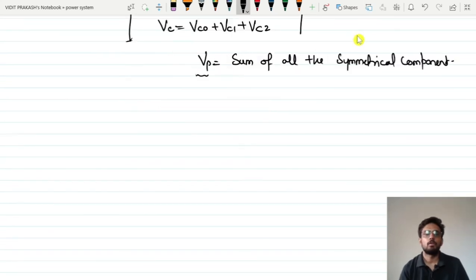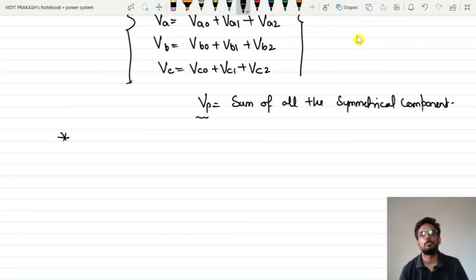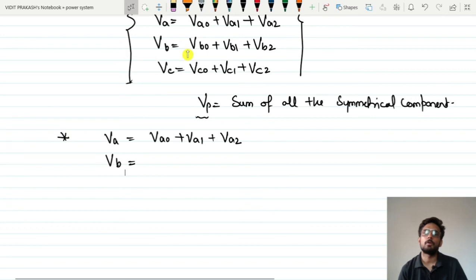Now we will represent all the symmetrical components in terms of the symmetrical components of phase A. What I mean, suppose VA is equal to VA0 plus VA1 plus VA2. Now I'll represent the symmetrical components of the second phase VB in terms of the symmetrical components of the first phase.